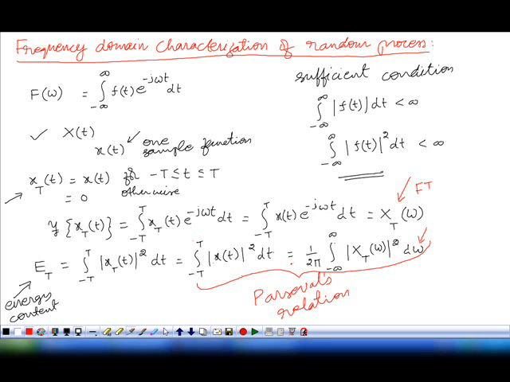So according to Parseval's theorem, this integral is equivalent to this. Is it right? Find the average power. If you let the average power be P average, that is equivalent to energy by time. So here we know the energy over the interval minus T to T. Therefore, you divide that energy by that duration, and you will get the average power.